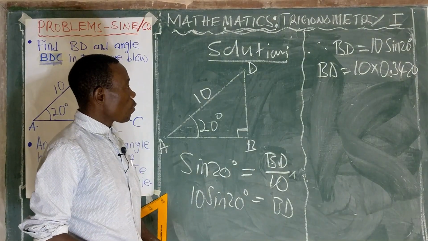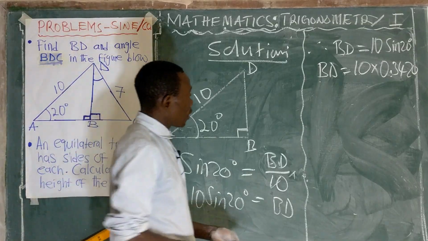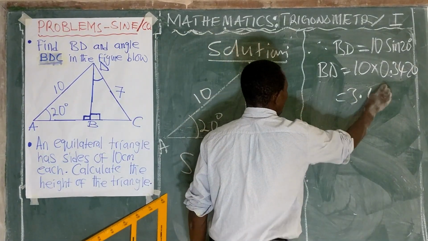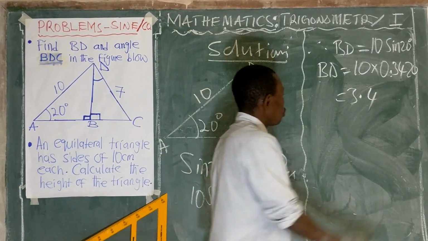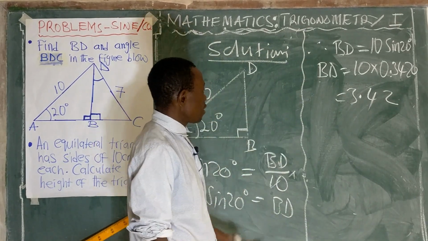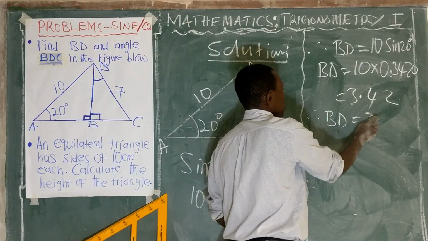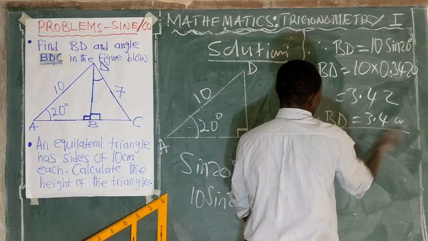Then finally, just take the product of the two values, and at the end you get 3.42. You can correct that to one decimal place this time around, then you'll be able to appreciate that BD is equal to 3.4 centimeters. That one is done.